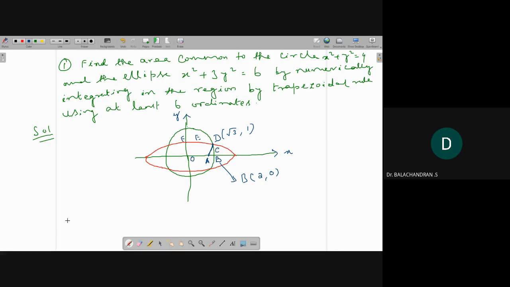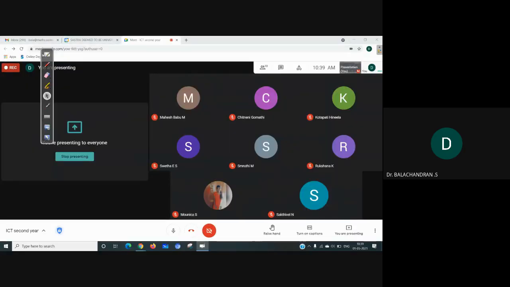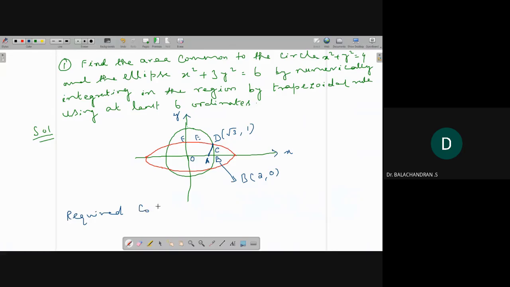So the required common area is the shaded portion you can see here, and similarly in the first quadrant, which I will share later.